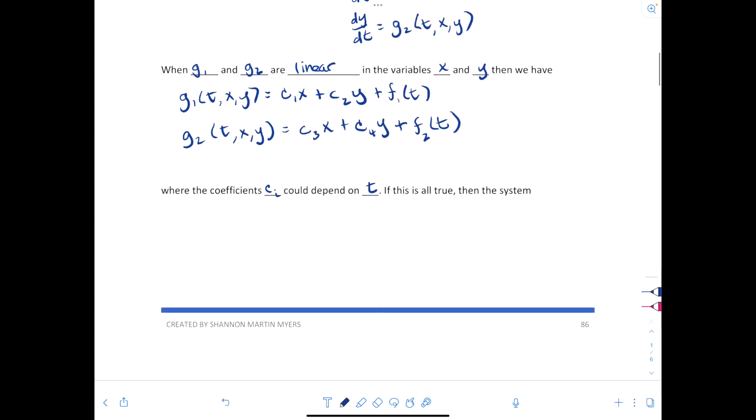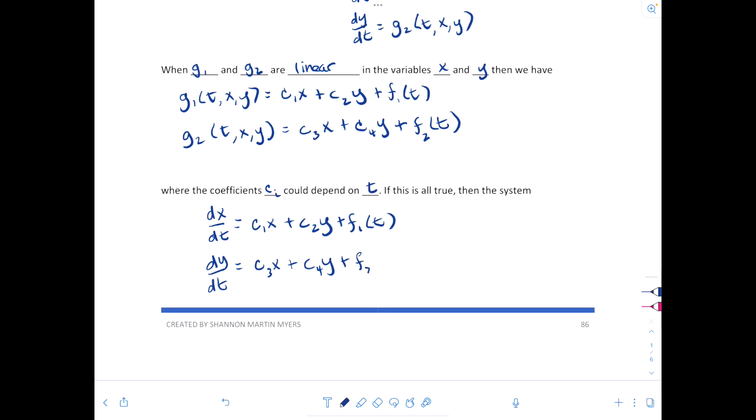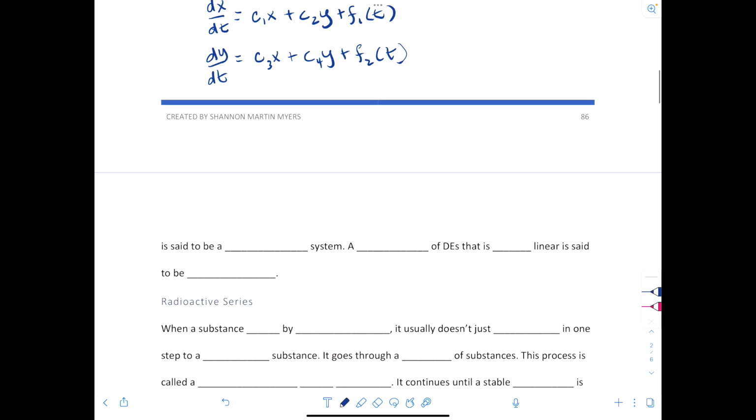If this is all true, then the system dx/dt equal to c1x plus c2y plus f1(t), and dy/dt equal to c3 times x plus c4 times y plus f2(t), is said to be a linear system.